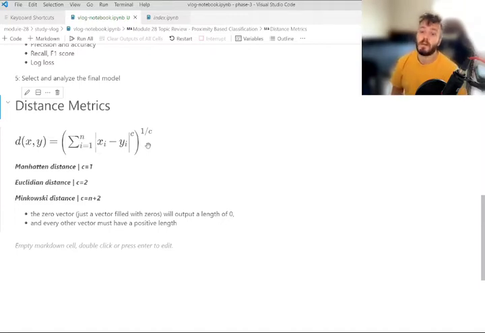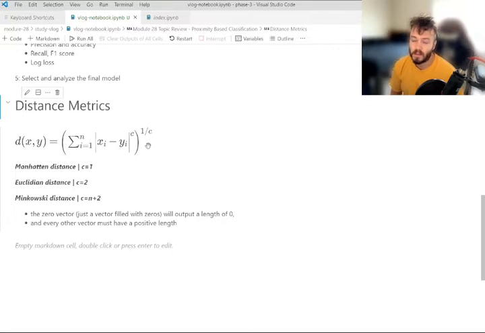So the formula here is the generalized formula we have for calculating the distance between two points. This changes a little bit as you add dimensions to it.